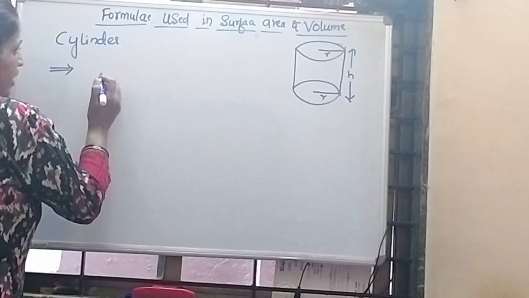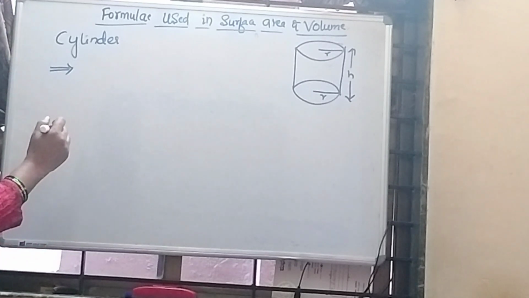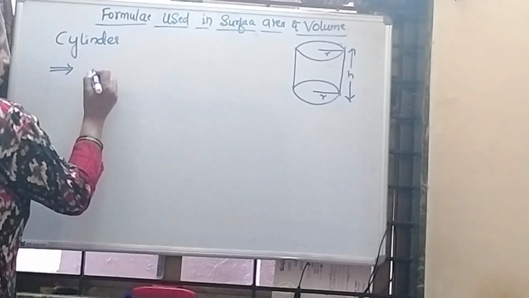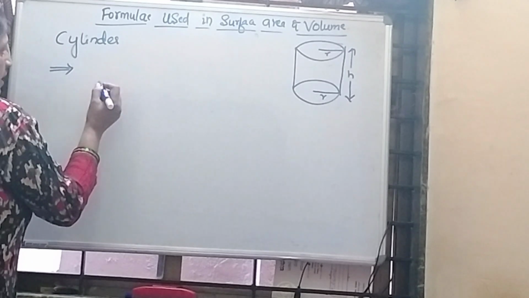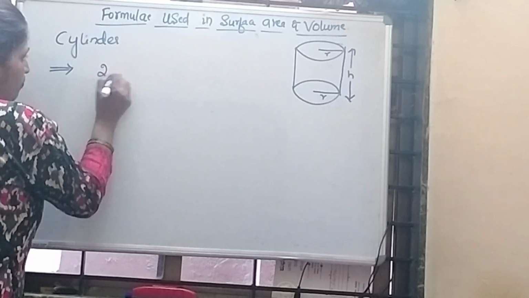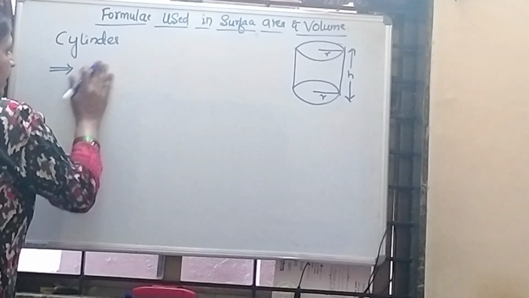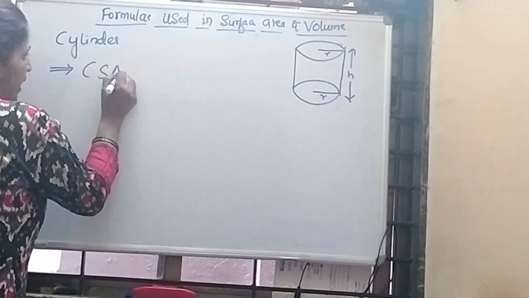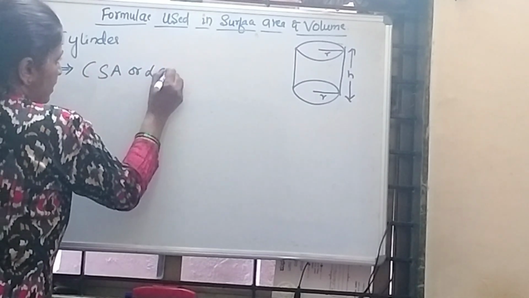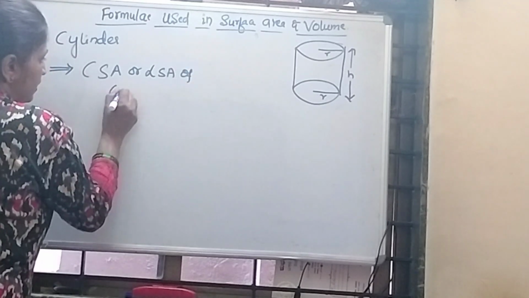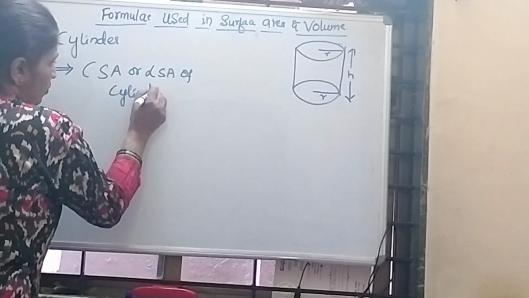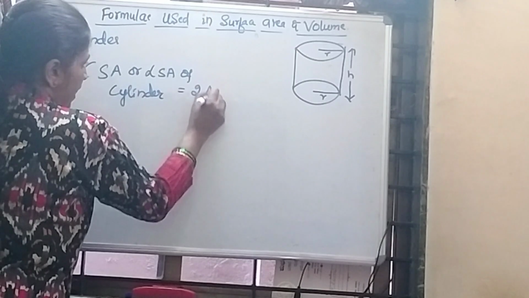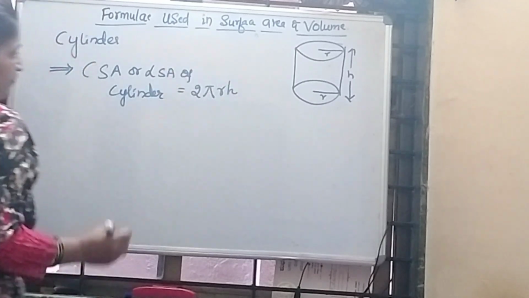So the area of rectangle into height gives the cylinder. That is 2 pi RH. You can take CSA or LSA of cylinder equal to 2 pi RH.